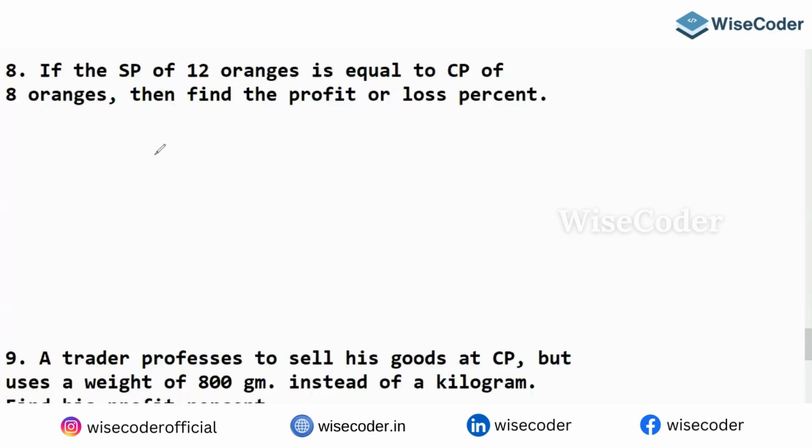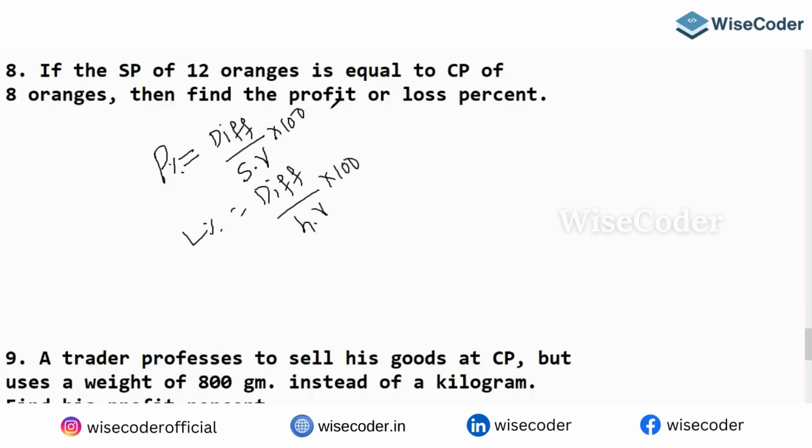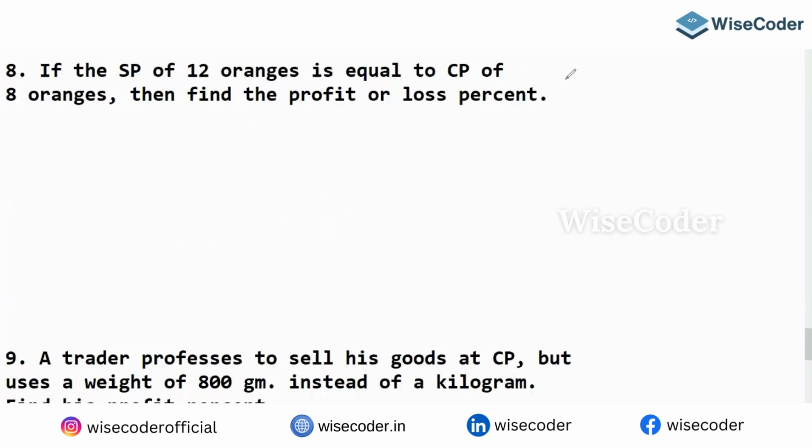So after deciding whether you are in profit, your profit percentage is the difference by the smallest value into 100. If you are in loss, it is the difference by the highest value into 100. That's how you can get your two answers. Next question.